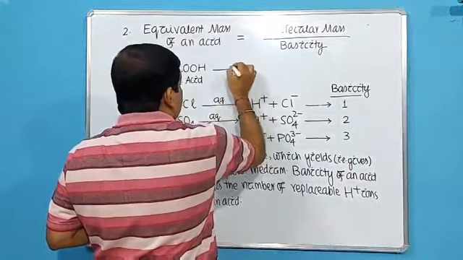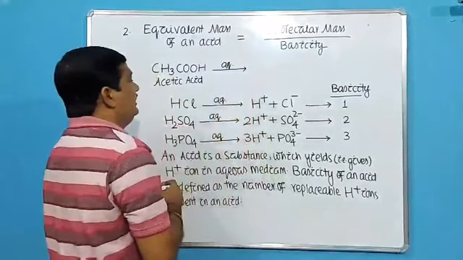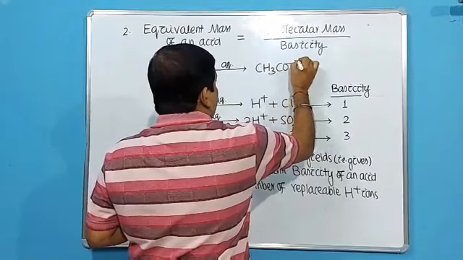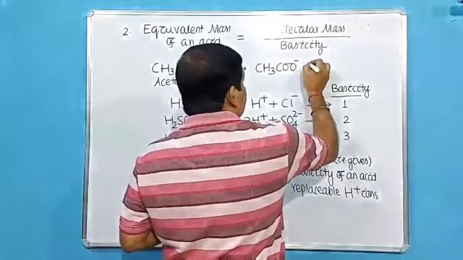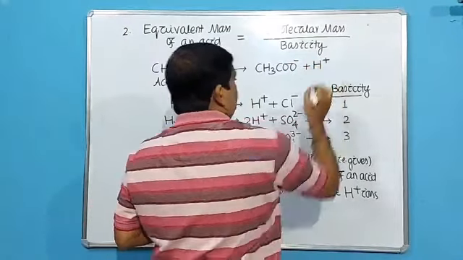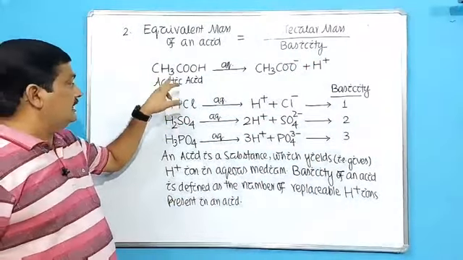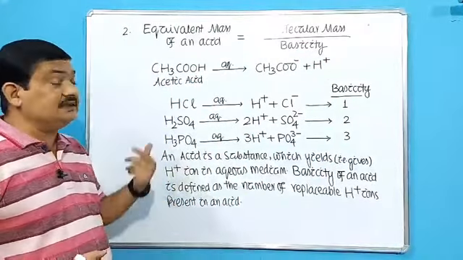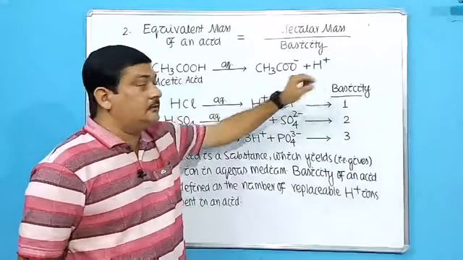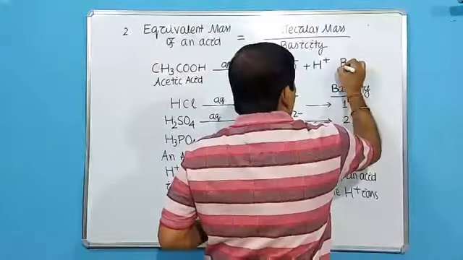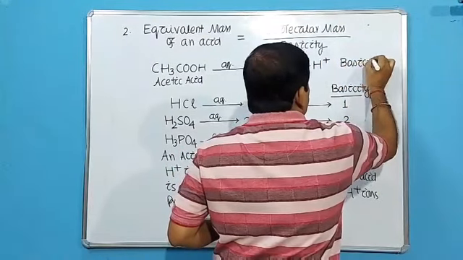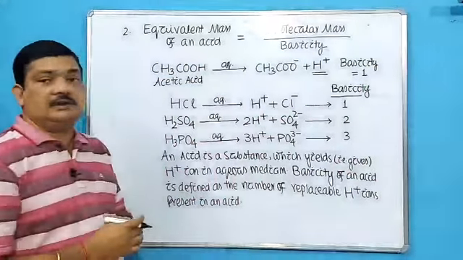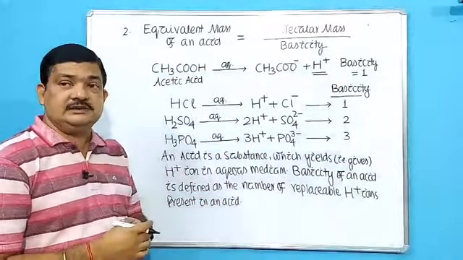So when it is added to water or in aqueous medium, it ionizes to give CH3COO minus, that is acetate radical, and H plus. So although it has 4 hydrogen atoms, all of them are not replaceable. Only 1. So what will be the basicity of acetic acid? Basicity will be 1 because there is only 1 H plus ion being replaced.